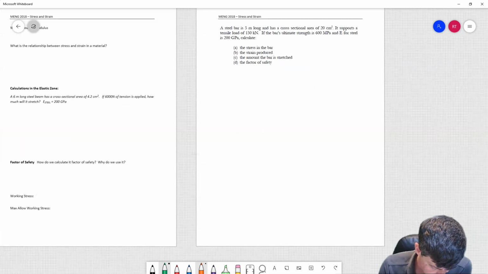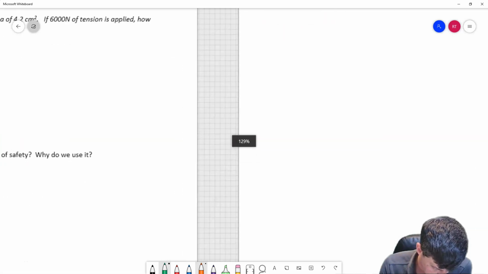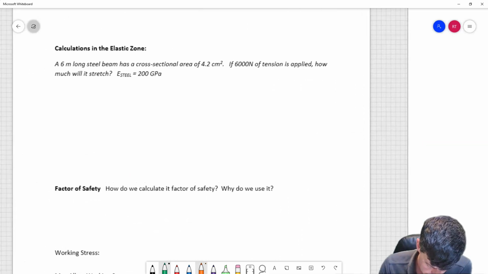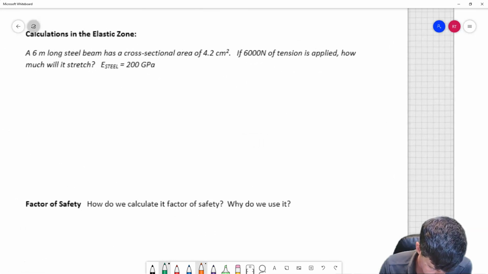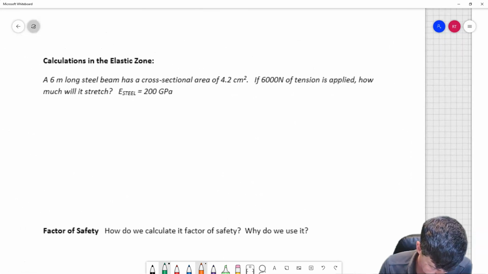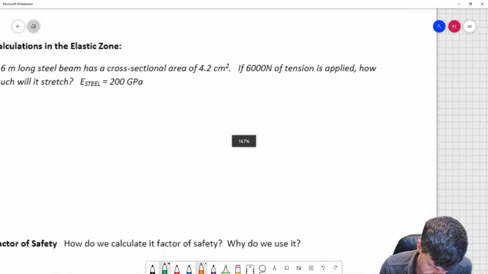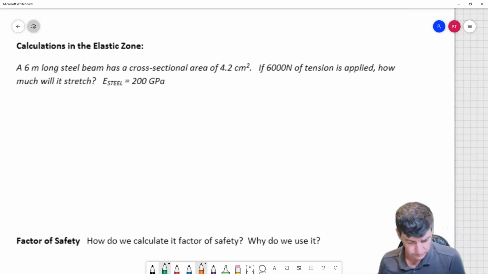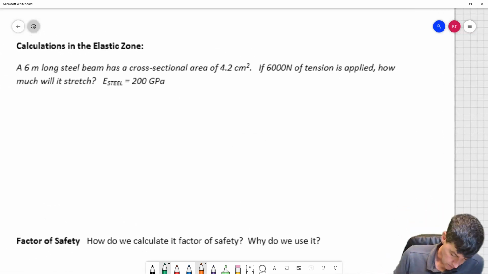Okay, so let's look at a question out of our worksheet. Calculations in the elastic zone. We have a steel beam.